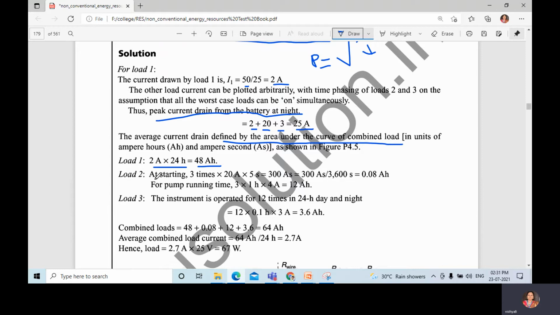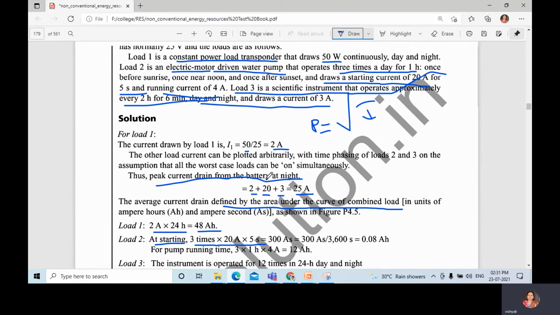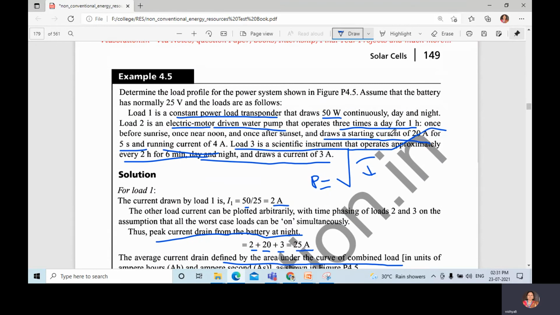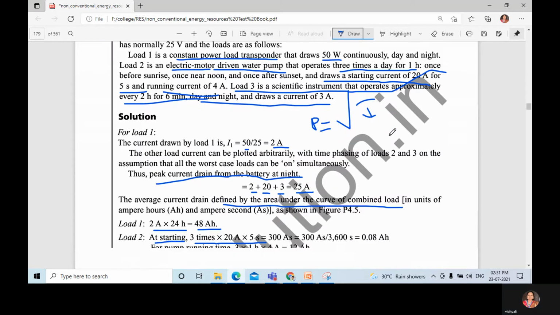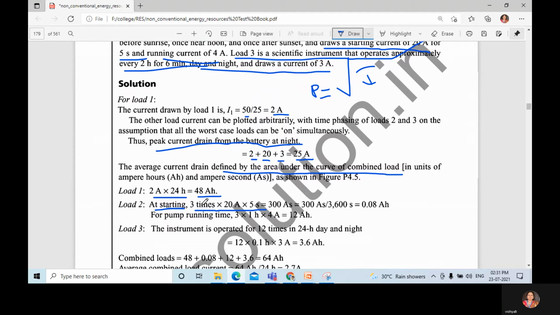And load 2 at starting, only 3 times into 20 amps into 5 seconds, because they have said it will draw 20 amps for 5 seconds. You will get 300 amp seconds, and 300 amp seconds divided by 3600 seconds, you will get 0.08 amp hours.